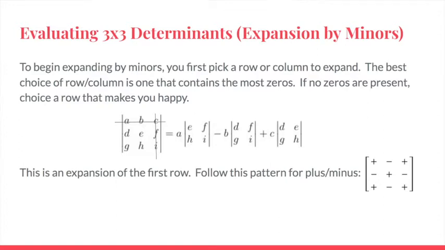Well, then you would switch. Your first term would be a minus, second term a plus, third term a minus. So this little plus minus matrix is something that you need to keep in mind, it's not hard to remember. It's very easy to fill out because it just alternates every time. Plus, minus, plus, minus, plus, minus, plus, minus, etc. So that's expansion by minors.